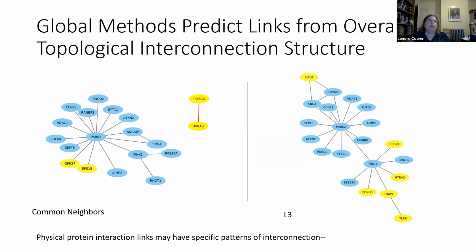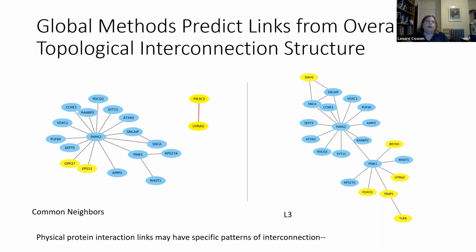So the common neighbors measure: here's a gene, and we're looking at its closest 20 neighbors using the common neighbors measure. It's a weighted measure, but basically you're closer by this measure if you have many common neighbors in the network. By this measure, these are the proteins that are closest to this gene.